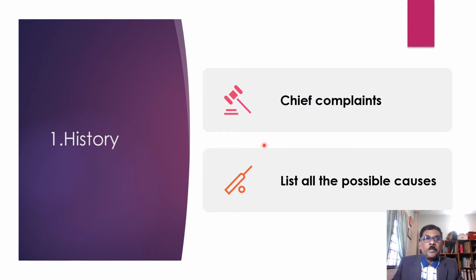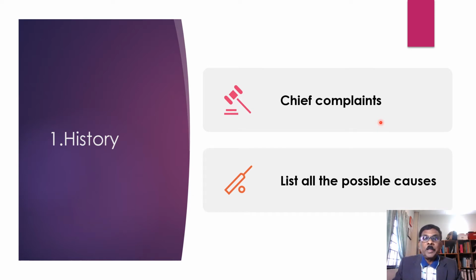Okay, the history, one of the most important components of the history is the chief complaint. The chief complaint is the complaint that brings the patient to the doctor or to the hospital. After the chief complaint, you list down all the possible causes in this patient for his chief complaint.